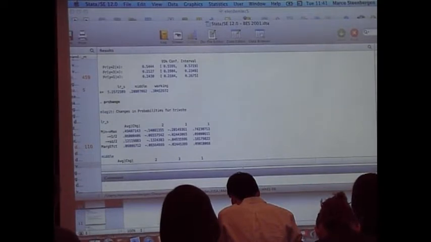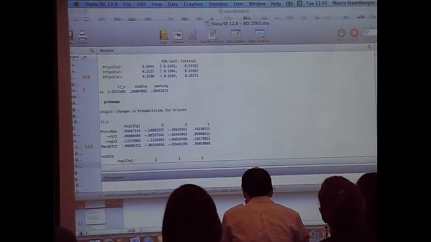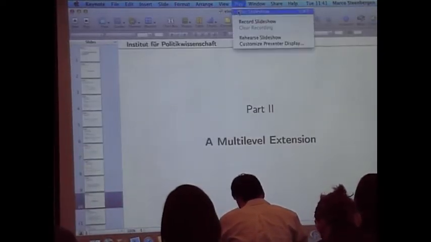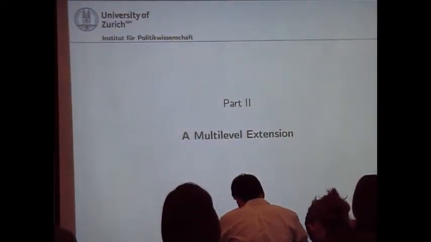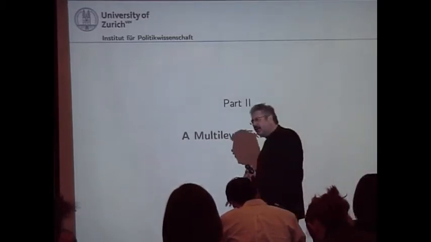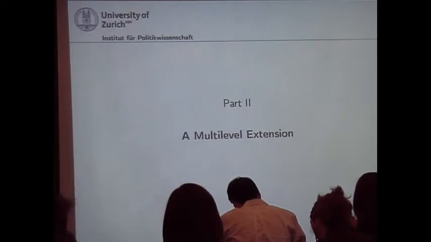And now I want to say, okay, let's generalize this. Again, the data structure that we're dealing with here allows me to actually consider constituencies. And this is a natural second level unit when it comes to electoral choice, because we know that the fortunes of political parties vary across districts.